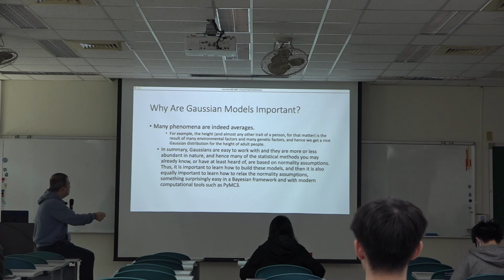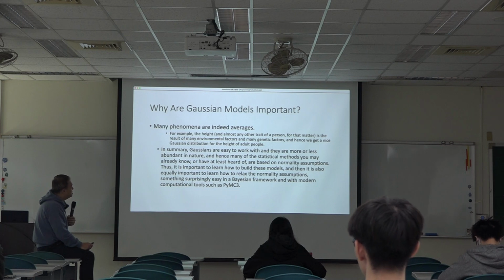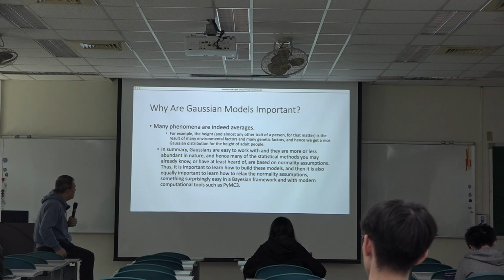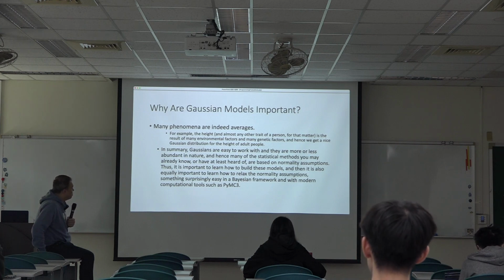Okay, so it's because height is determined by a lot of different factors, such as the environmental factors. I mean, if you are eating well when you are a kid, okay, and many genetic factors, how tall your parents are, so we get a nice Gaussian distribution for the height of adult people.